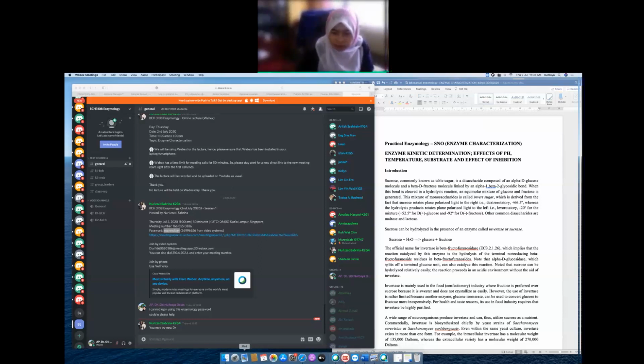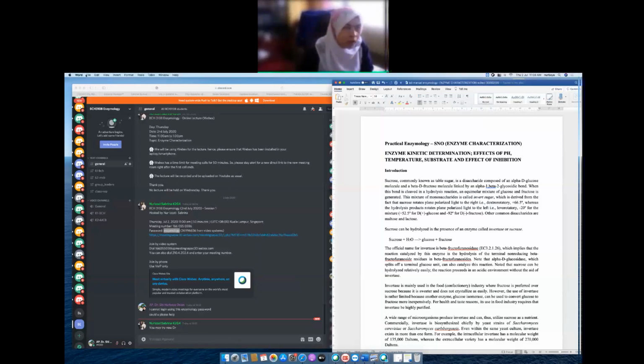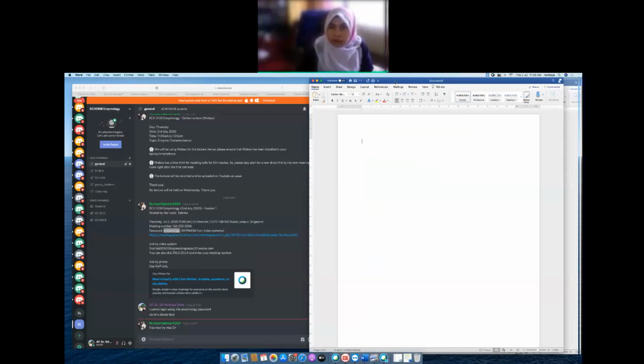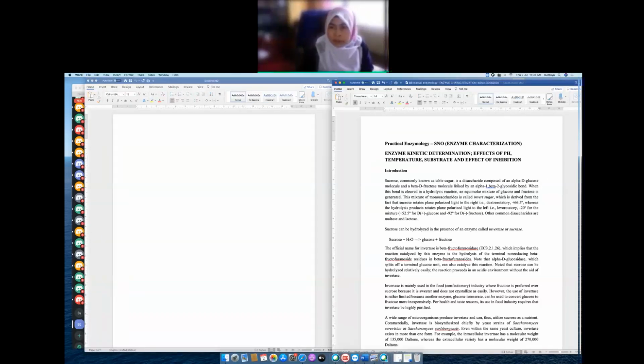So, we're going to start with this small exercise a bit. Word file, new document. Okay. So let's say, forget about this part first. For example, you have here 2 gram or maybe 20 gram of liver sample.